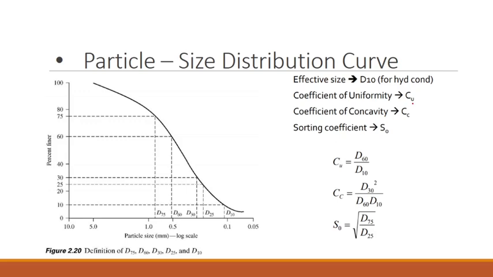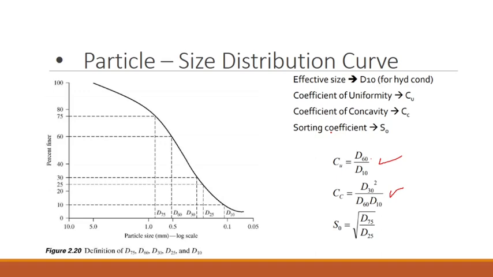The other parameter is the uniformity coefficient, which is defined like that, where the diameter corresponds to 60% finer. And the other parameter is defined as the coefficient of gradation and represents this equation.